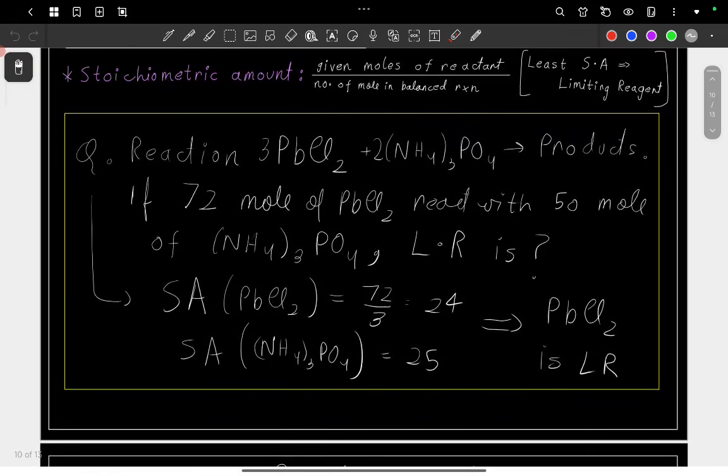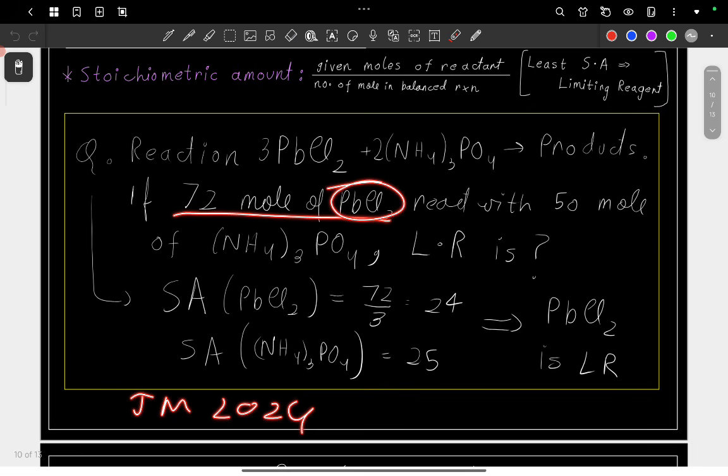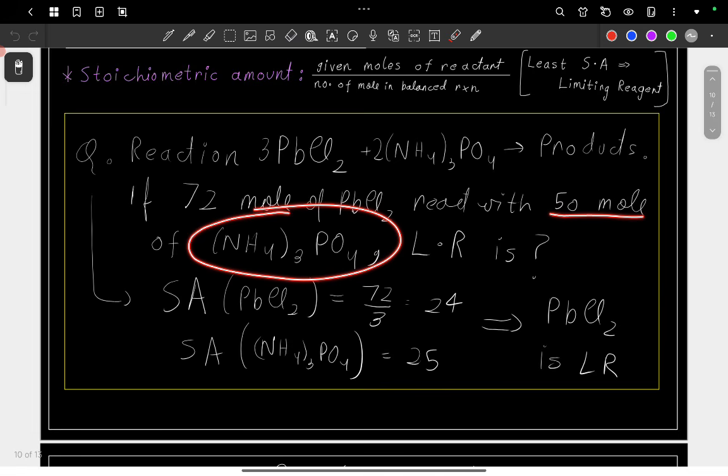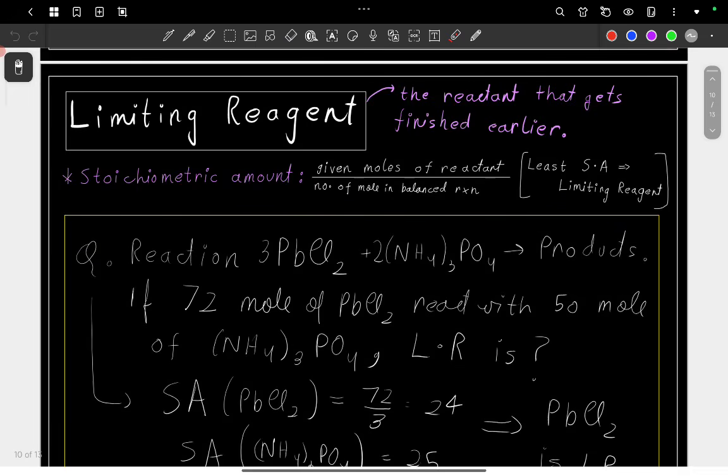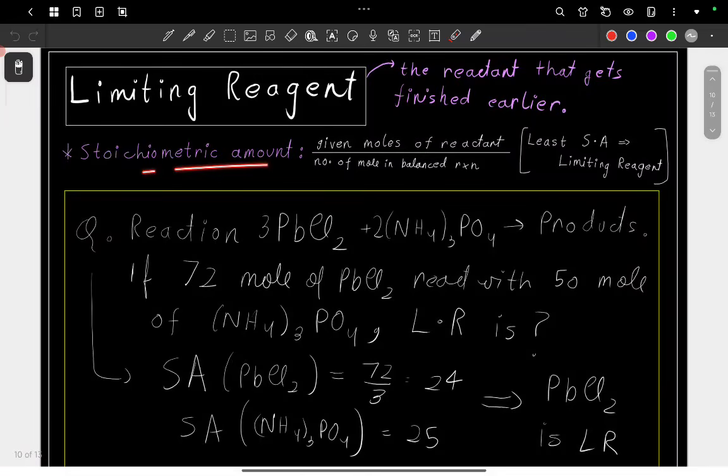For example, if I see a reaction between lead chloride and ammonium phosphate, which gives products, and this is JEE's 2024 POAC, by the way. If we have 72 moles of lead chloride and we react it with 50 moles of ammonium phosphate, what is the limiting reagent? So just as we have been told, we will see the stoichiometric amount.